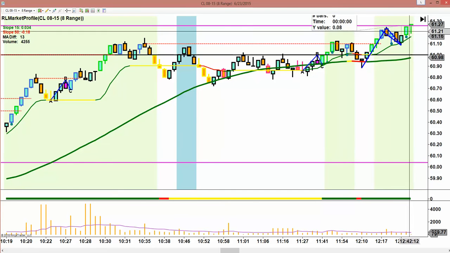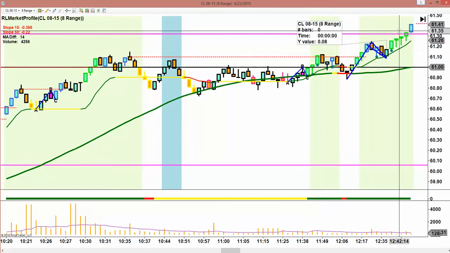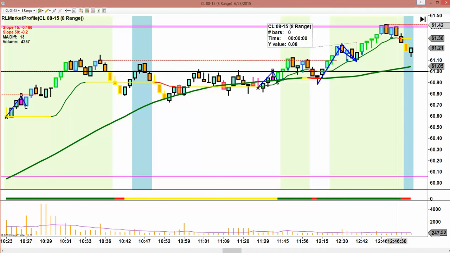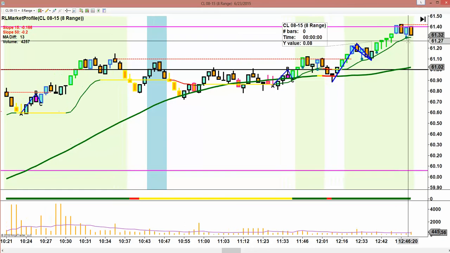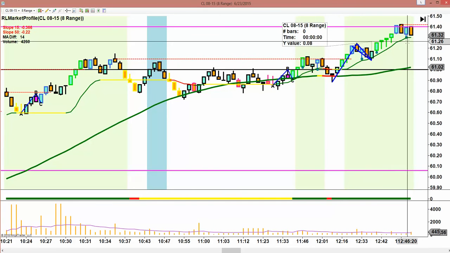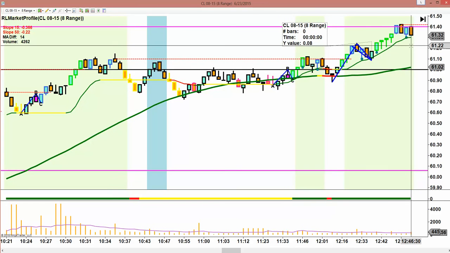So you're going to hit your first target before you wind up hitting the value area high. It's a little bit riskier, because what you really want is a big space, but it's enough here. And you can see it runs. Then eventually, when it hits the value area high here, it turns on the right edge.